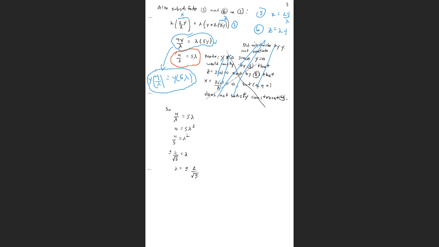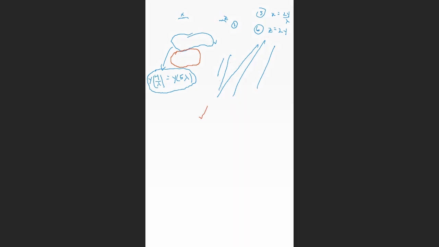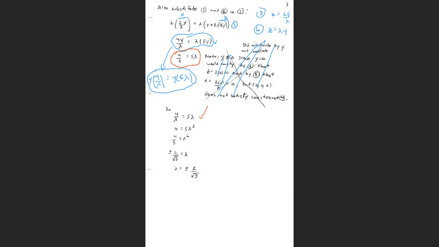And sometimes we do need to establish that, but we're keeping it simple here. So I'm going to solve for lambda. So 4 over lambda equals 5 times lambda. And this means 4 equals 5 times lambda squared.